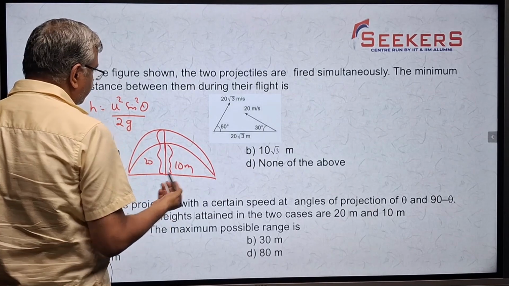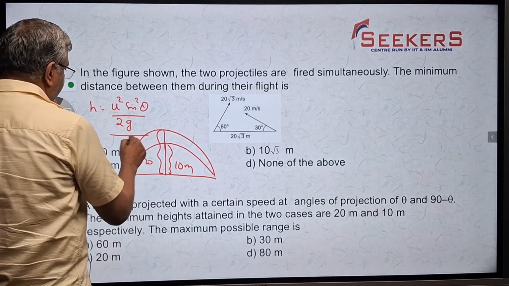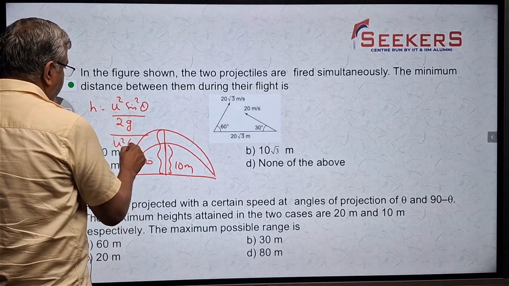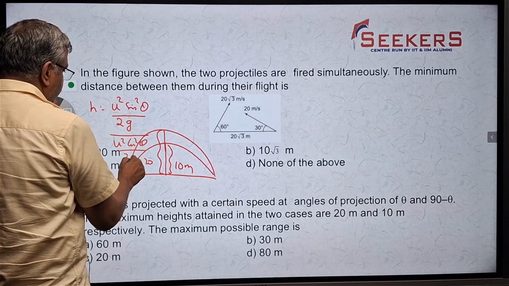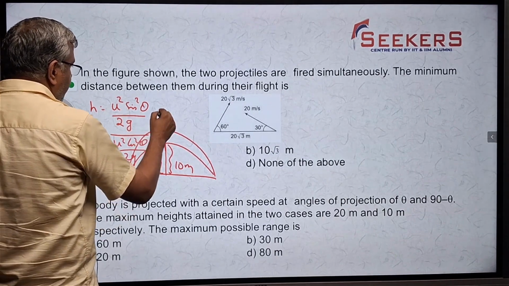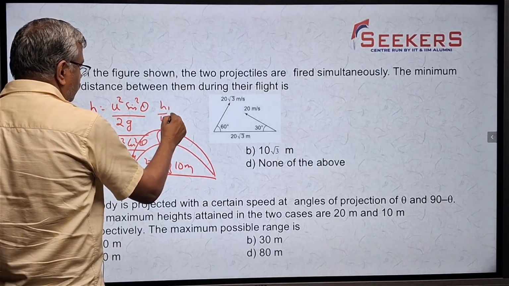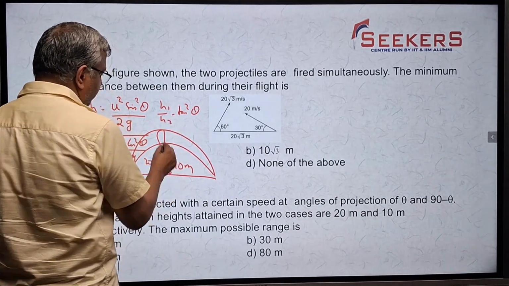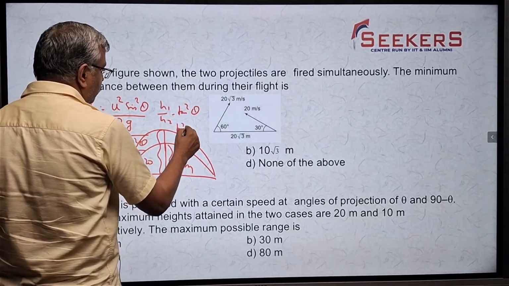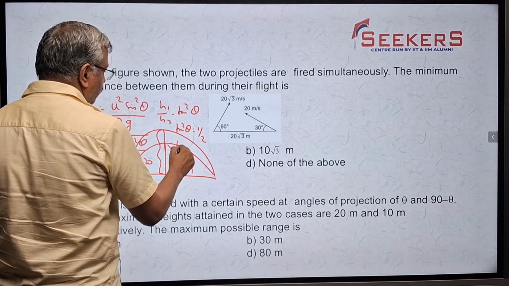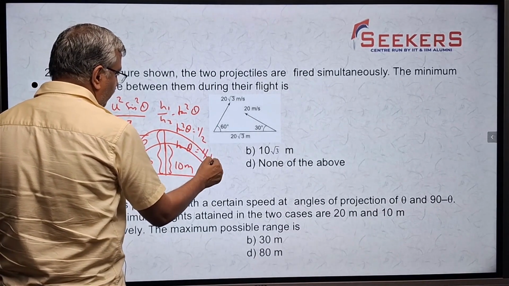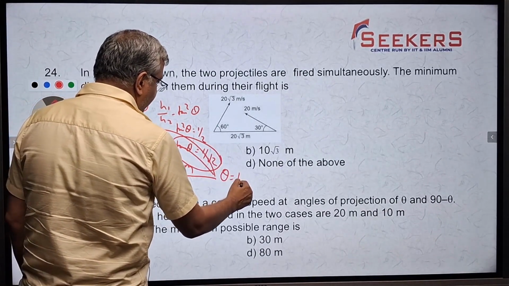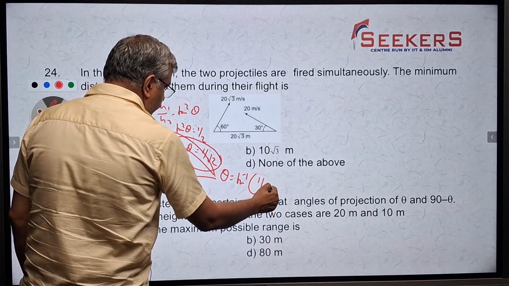In the other case, it will become u squared cos squared theta by 2g. Since everything else is the same, h1 by h2 is equal to tan squared theta, which is 2 by 1. Hmm, so tan squared theta is equal to 2, so theta is tan inverse of root 2.